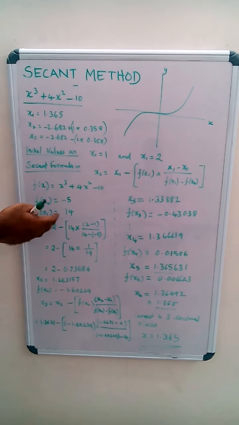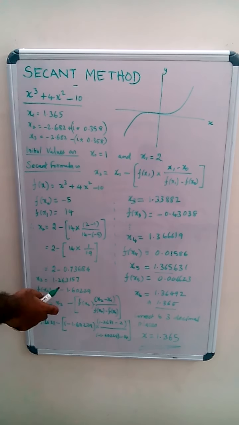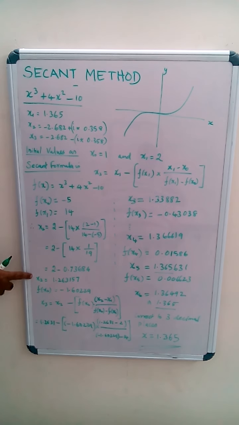If you simplify this expression, we get the value for x2 as 1.263157. This is the first approximate root after the first step of iteration.